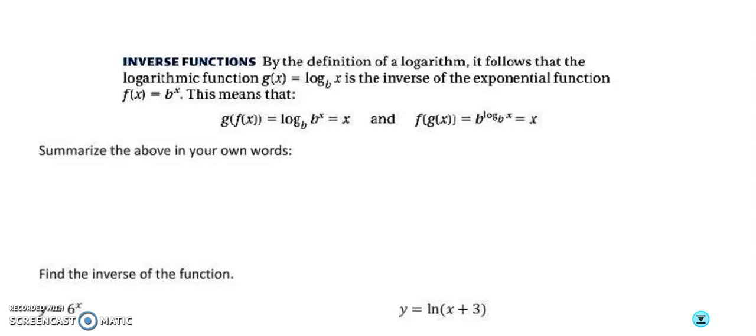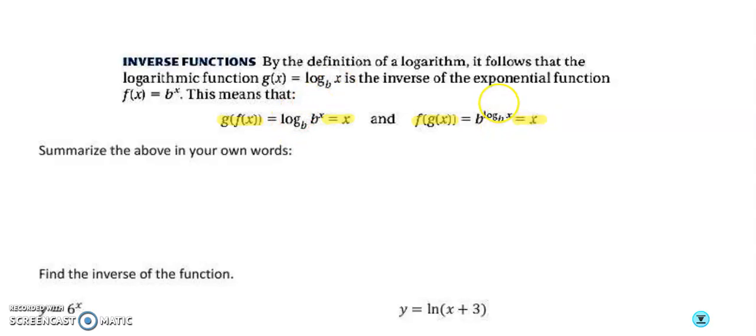What this means is we can prove that any logarithmic function is in fact the inverse of the exponential function if we compose them with each other and end up with just that single x both ways. So you'll recognize this notation here. g of f of x equals x, and f of g of x equals x.